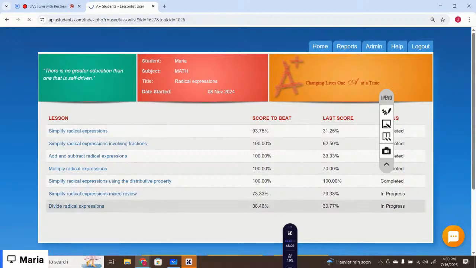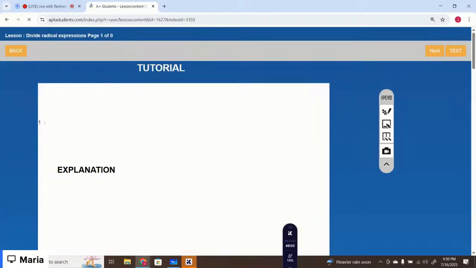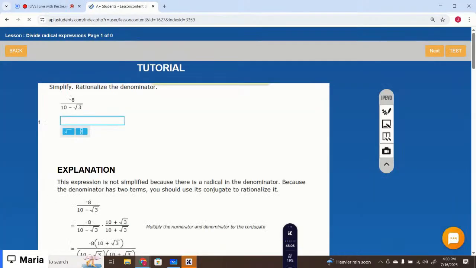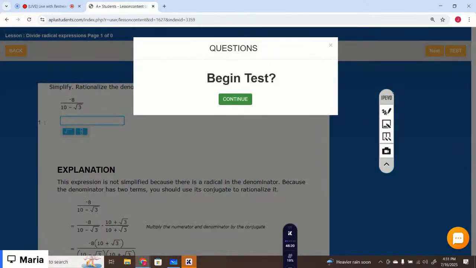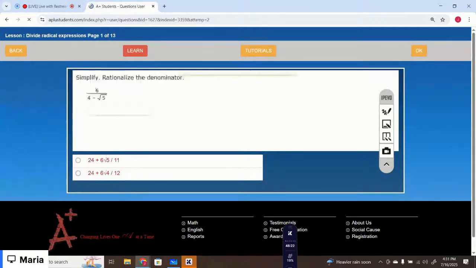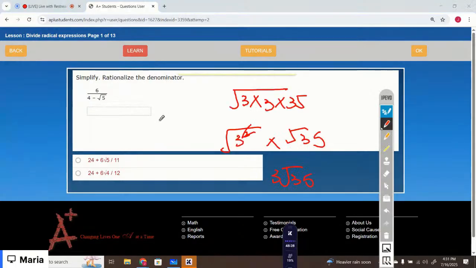The next lesson is divide radical expressions. 6 divided by 4 minus 4 square root 5.